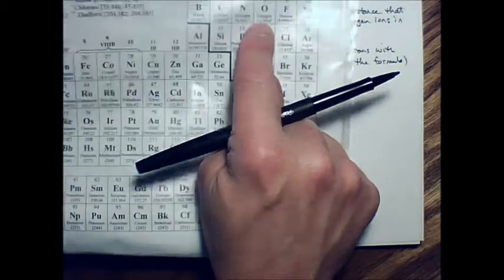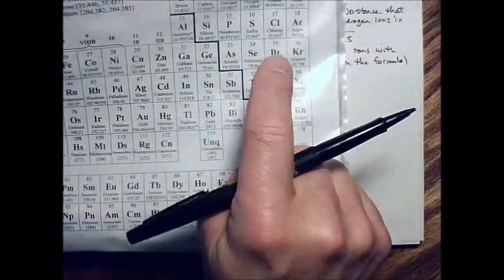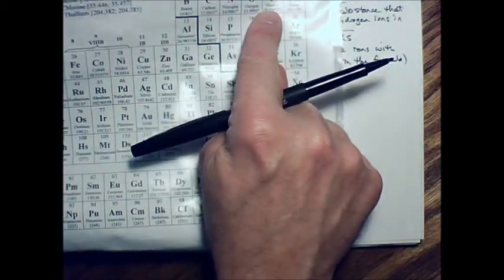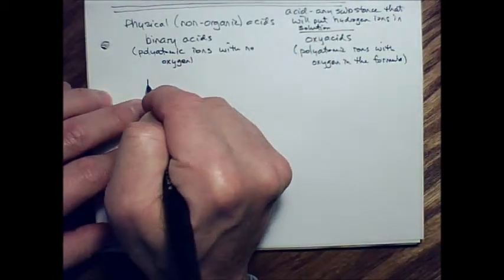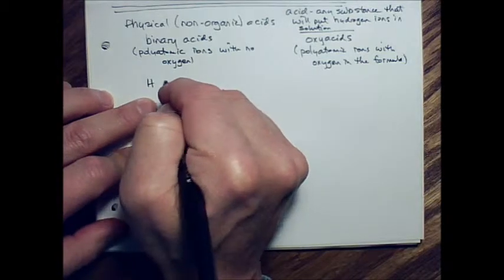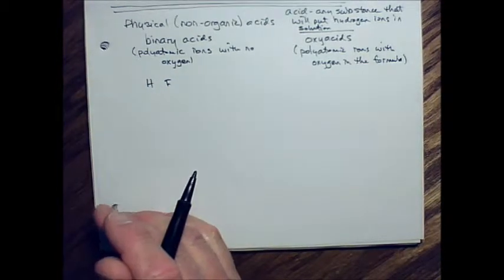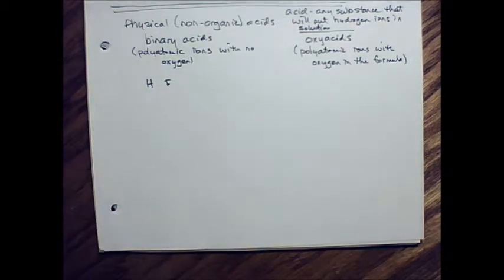All right? So let's put hydrogen in front of F. So here's the hydrogen, and here's the fluorine. Let's find your periodic table with oxidation numbers and tell me what charges to put on those.